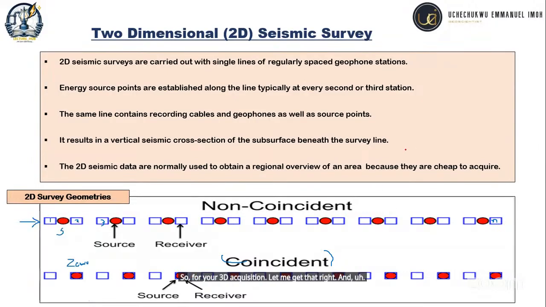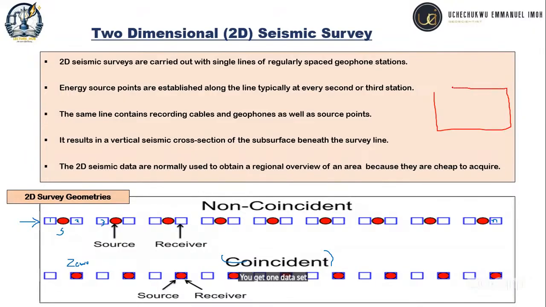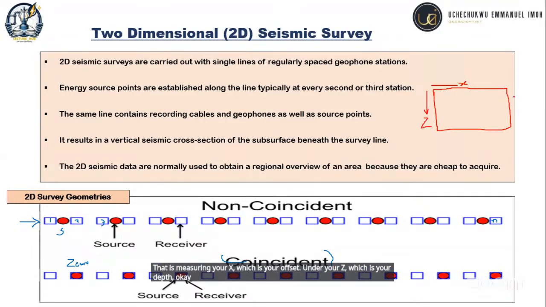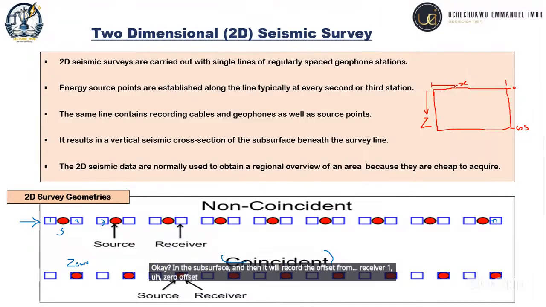For your 2D acquisition, you get one data set like this at the end of the day. Your stack section will be one data set that is measuring your X, which is your offset, and your Z, which is your depth, or your time. So you have your seismic data recording from 0 time to maybe 6 seconds in the subsurface, and then it will record the offset from receiver 1, zero offset, to the last offset on the surface.